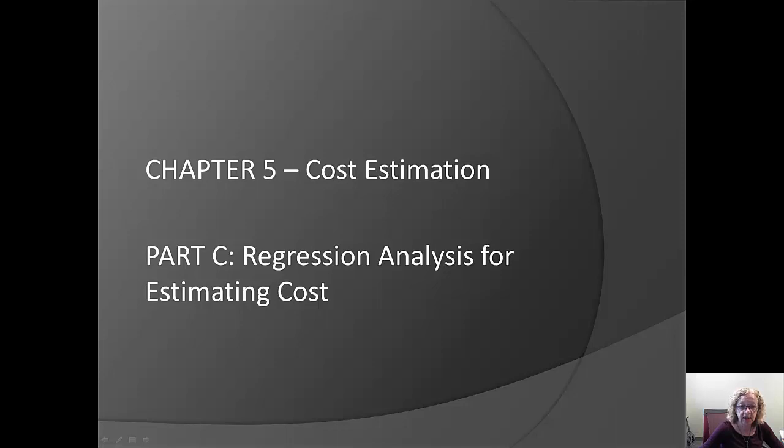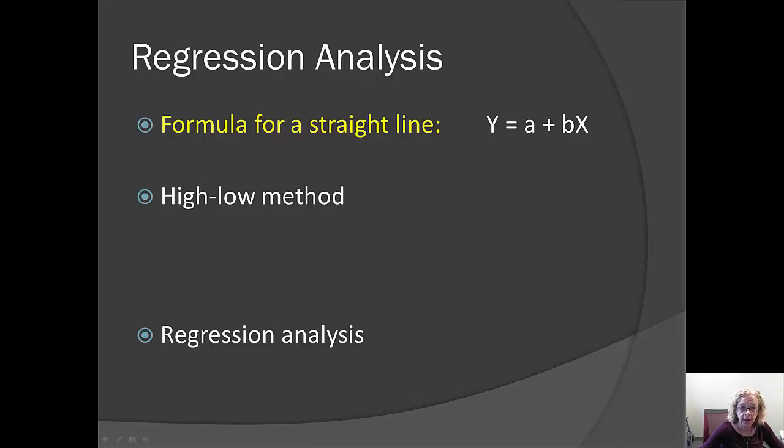The last cost estimation technique in this chapter is regression analysis. We know that the formula for a straight line is y equals a plus bx, where y is the outcome variable and x is the predictor variable.